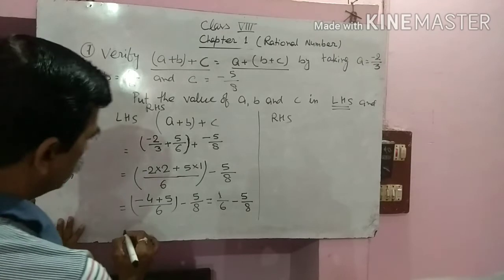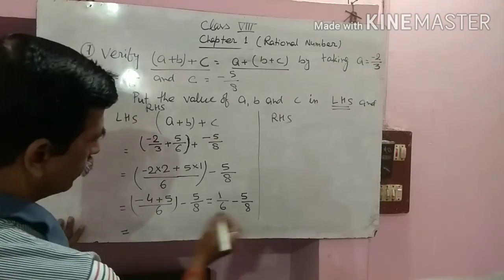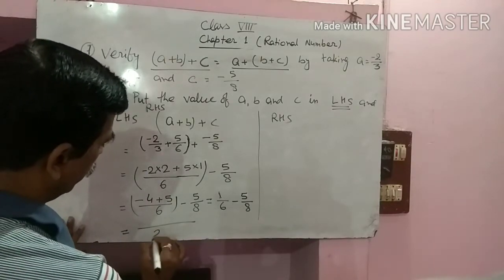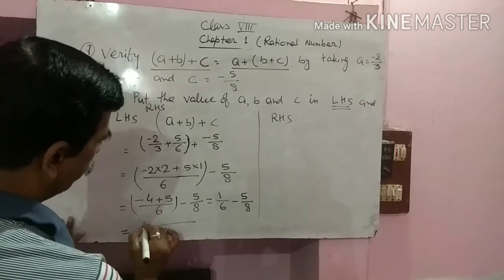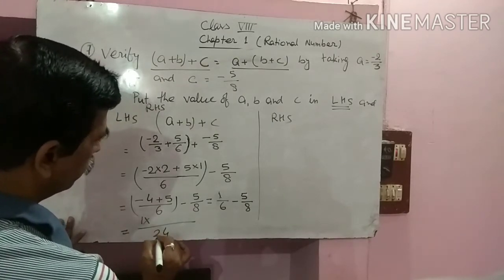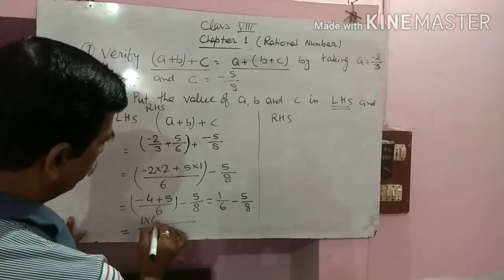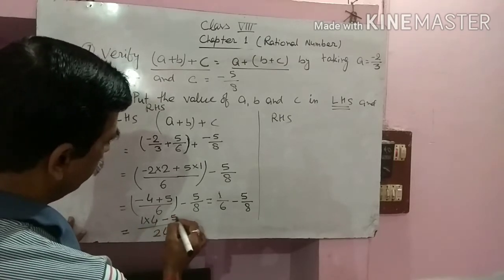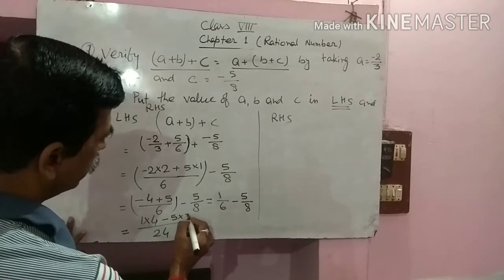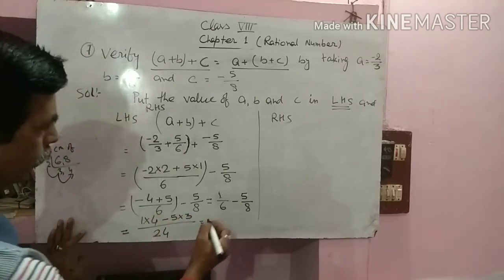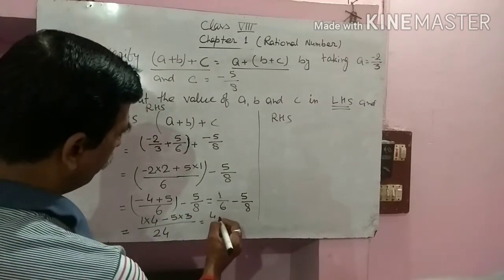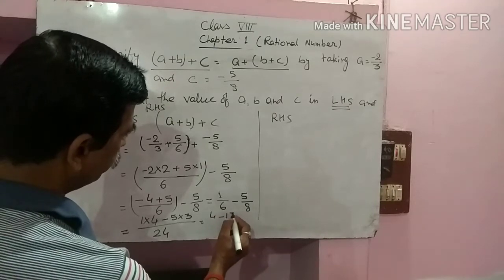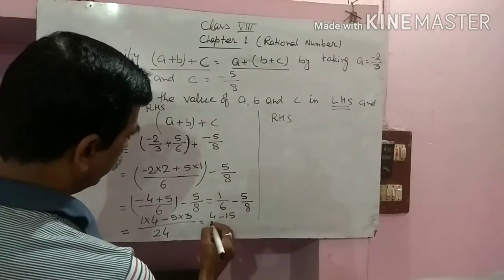So the LCM of 6 and 8 is 24. So 1 into 6 4s is 24, minus 5 into 8 3s is 24. So it becomes 4 minus 15 by 24.